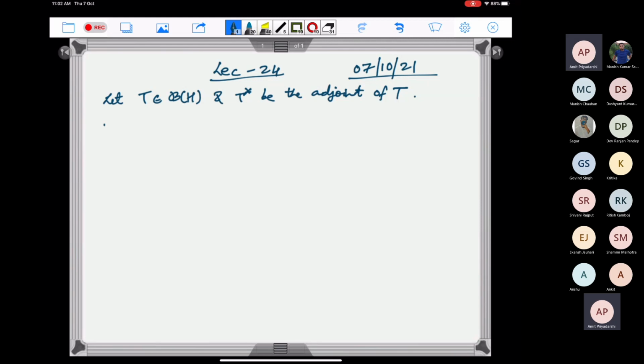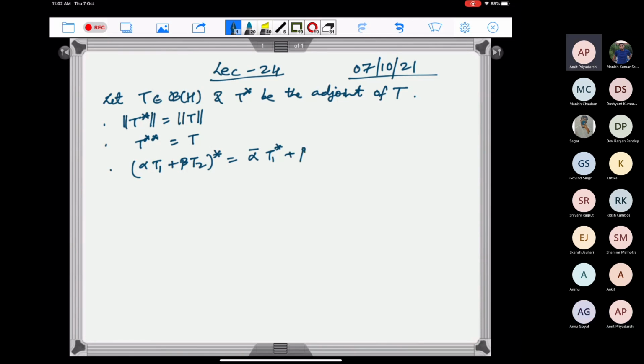We have seen that the norm of T star is equal to norm of T, and T star star is equal to T. And if we have any (alpha T1 plus beta T2) star, this is equal to alpha bar T1 star plus beta bar T2 star.